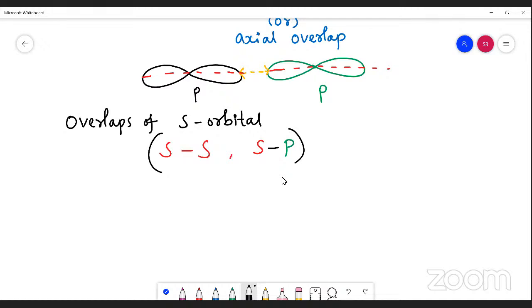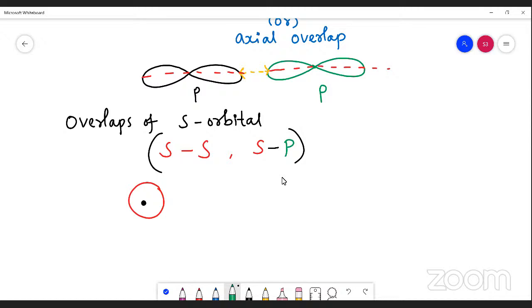If you take s and s, we already know s and s orbital overlap means, for example, the atomic orbitals of hydrogen. This is a nucleus and this is one hydrogen atom, and we have already seen the representation of the electron like this.